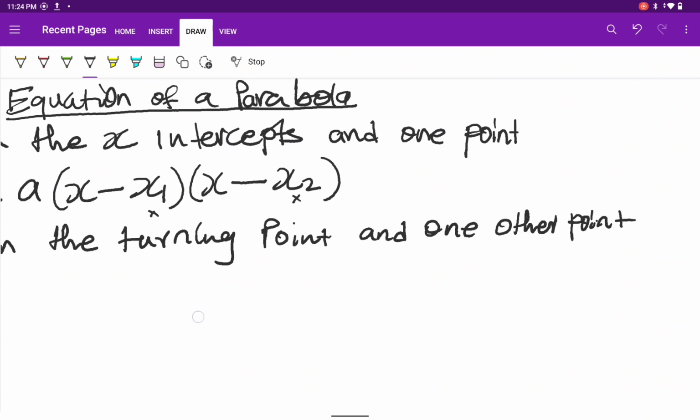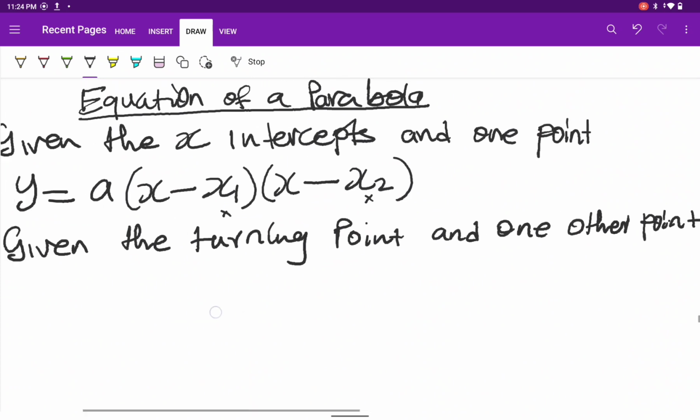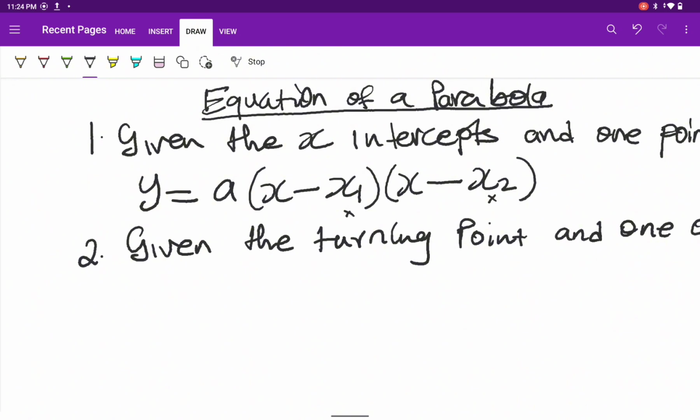In that case we will use the equation y equals a times (x minus p) all squared plus q, where p and q are the coordinates of the turning point.